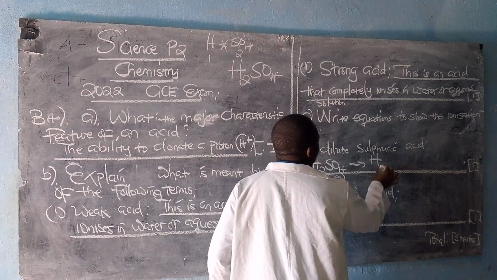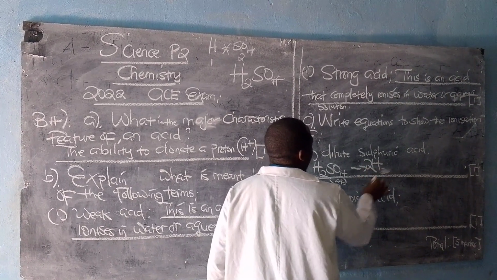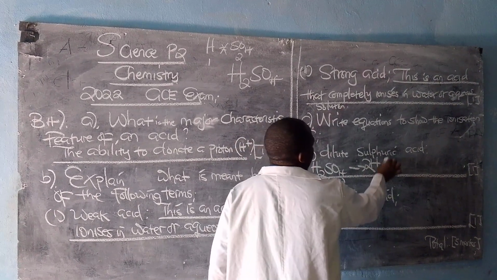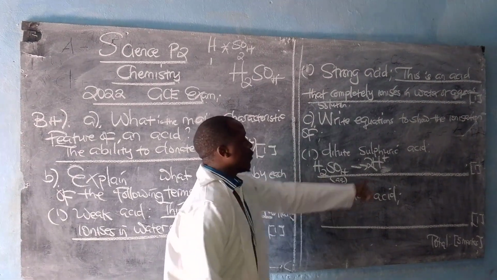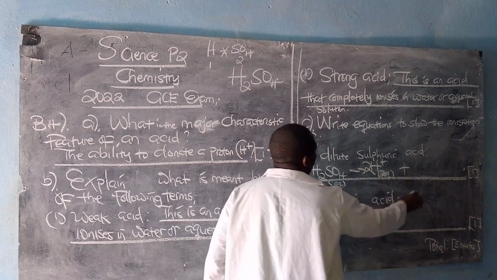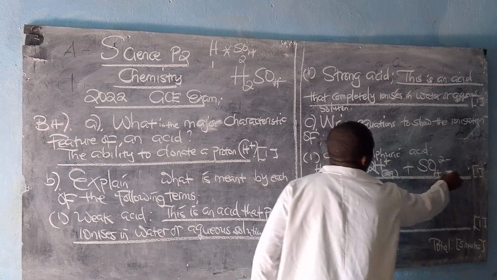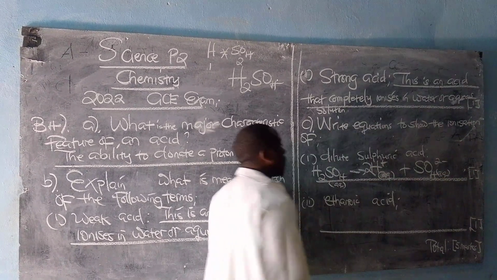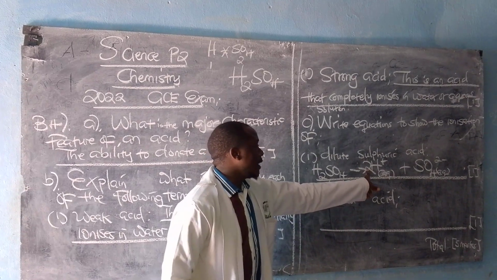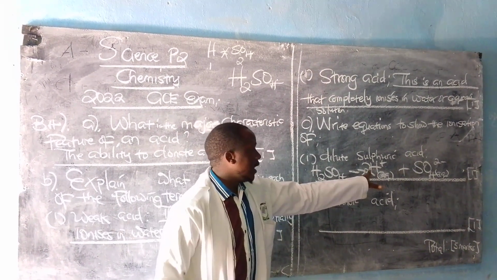So here this one is going to be H, then we put a 2 here. So this 2 which is here, it's going to be here. So 2H, then we're going to put a positive. So this one is going to be aqueous, then plus, we're going to have sulfate, and then this one is going to be 2 minus. So this 2 is balancing. Hydrogen here has a 2, hydrogen here has a 2.